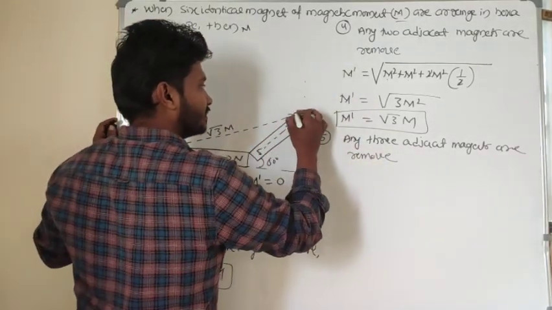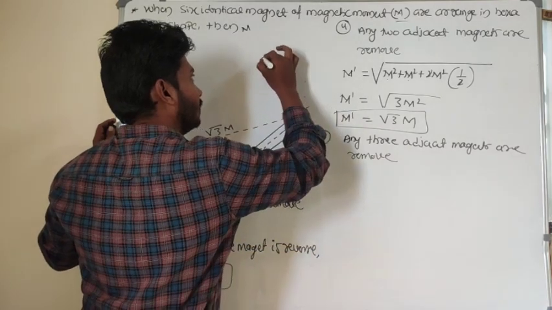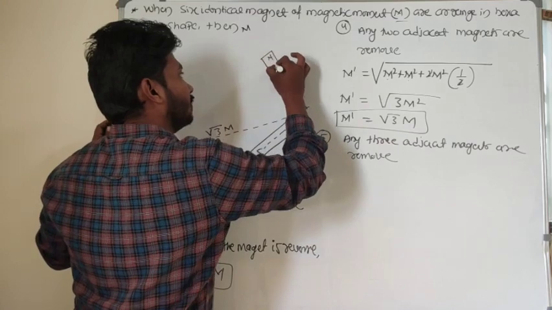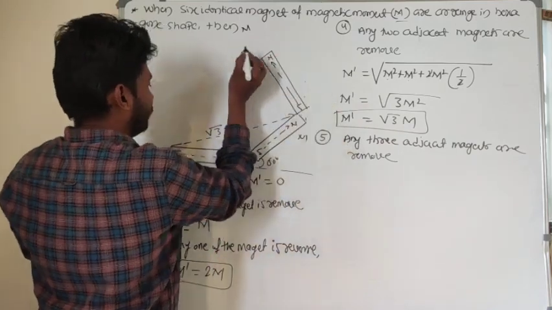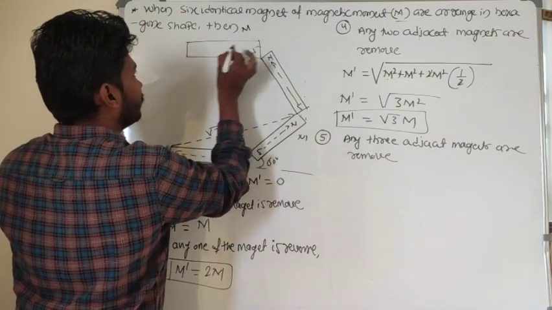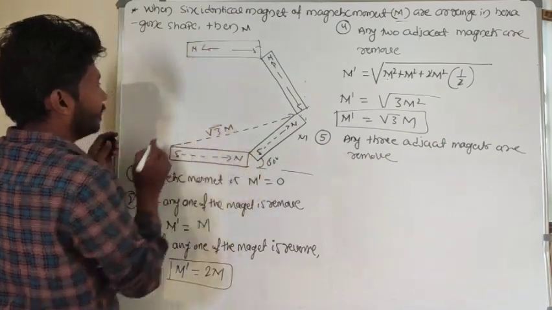First I will take the 6 magnets. Let me draw it. South here, north here. South here, north here.